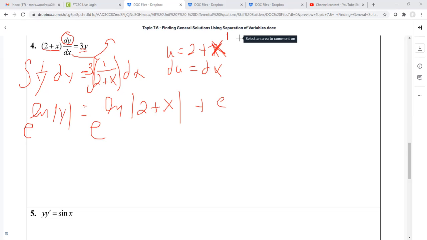One of the rules that I'm allowed to do is take a power and move that power to the power of the thing after natural log. So I'm going to move that 3 from in front of natural log up there to the power. And then these natural logs cancel out.